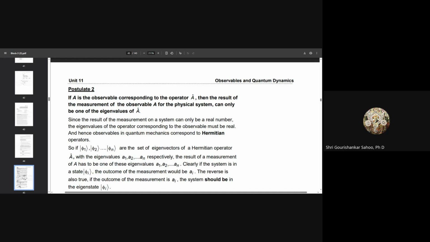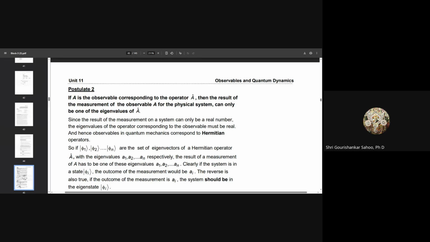So if phi 1, phi 2, and so forth up to phi n are the set of eigenvectors of a Hermitian operator A cap with the eigenvalues small a1, small a2, up to small an respectively, the result of a measurement of A has to be one of these eigenvalues a1, a2, up to an. Clearly, if the system is in the state phi i, the outcome of the measurement would be ai, and the reverse is also true.